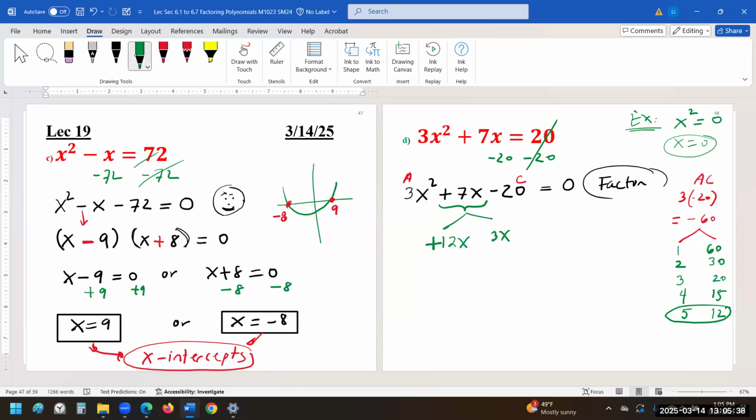That means 5 has to have what sign? Minus. So 12 is plus, 5 is minus, because when you combine them, you have to get positive 7, not negative 7. We still need the 3x squared and minus 20.